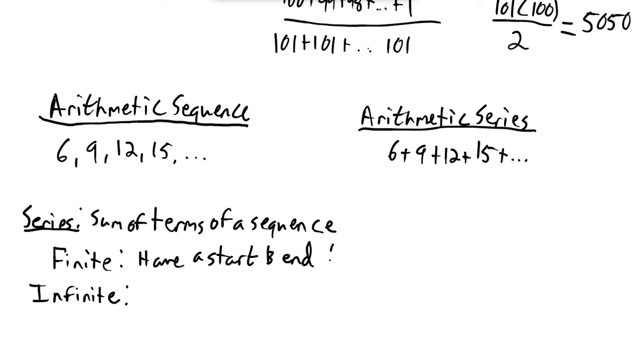But an infinite series is one that just keeps going. We have to put ellipses on it because it keeps going. So this would be an infinite series, right? We're not saying we stop at 6 plus 9 plus 12 plus 15. We keep going. If this was just 6 plus 9 plus 12, that would be a finite series.